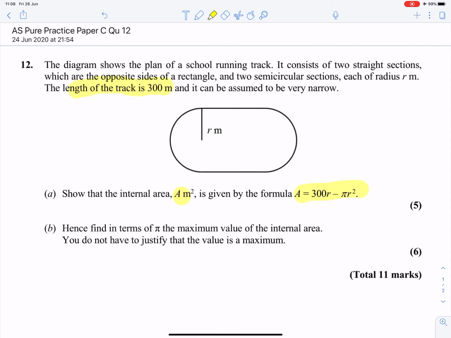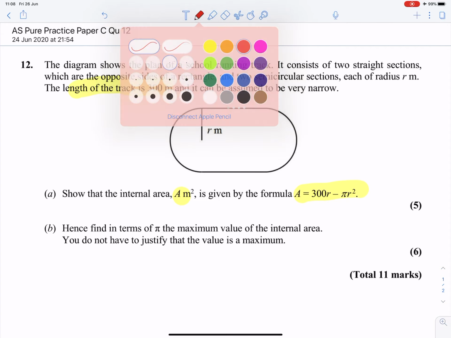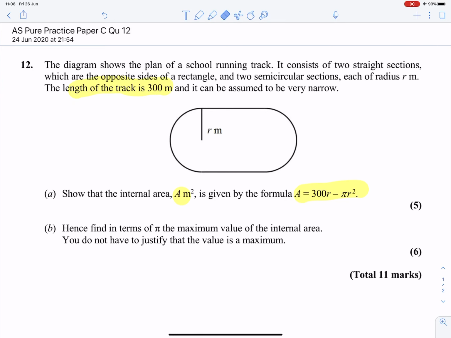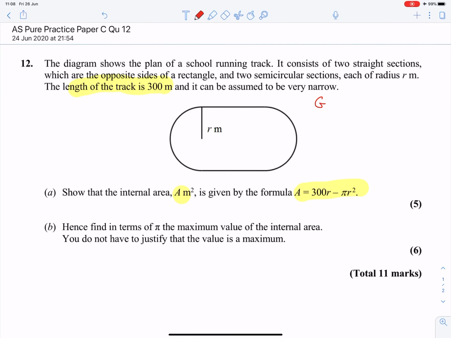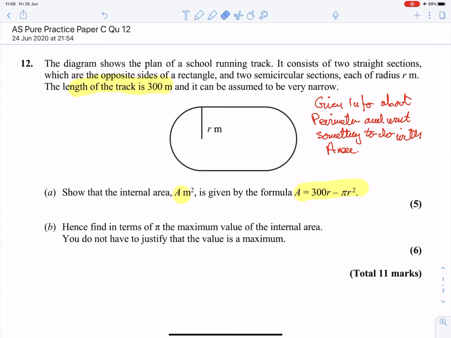So it's a standard kind of question where we're given info about perimeter and want something to do with area. So let's start from the beginning.